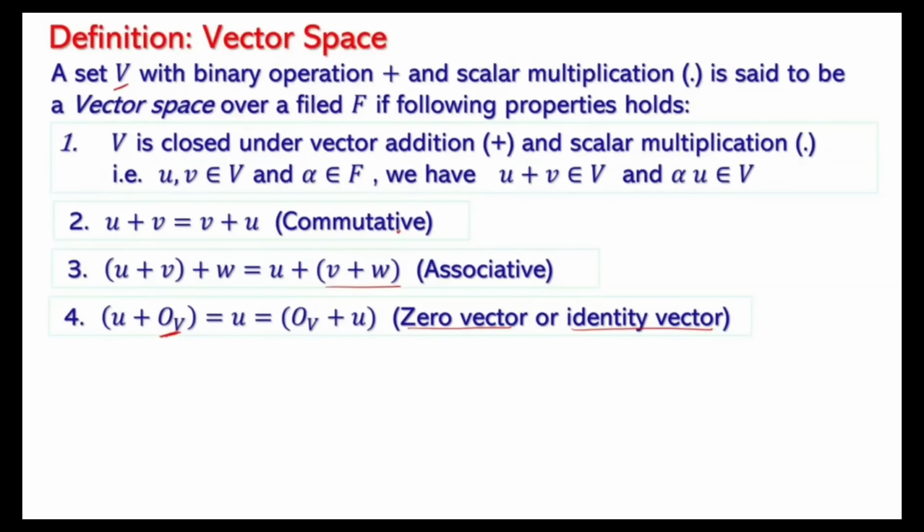So you have such an entry in the set V such that whenever you add it to any other element of V, let's say U, it gives you the same vector. And because of the commutative property, if you change the position, it also gives you the same vector. So this entry is known as the zero vector or identity.